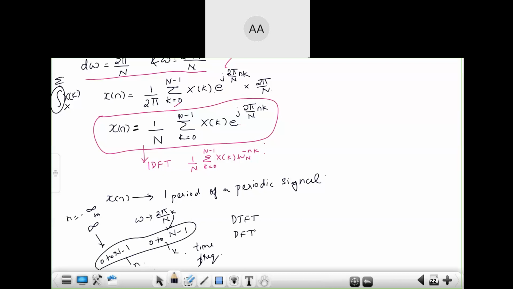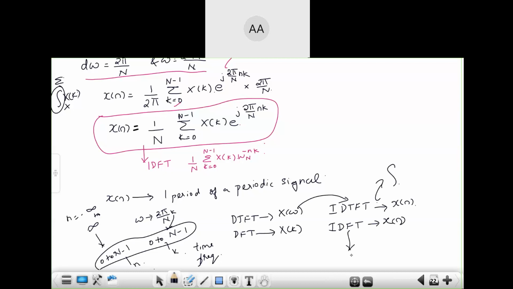In DFT, you are taking X of k. DTFT is nothing but X of omega. With the inverse discrete time Fourier transform, here also you will get your x of n back. Only thing is, in your IDTFT, when you have to get back, it is an integral.